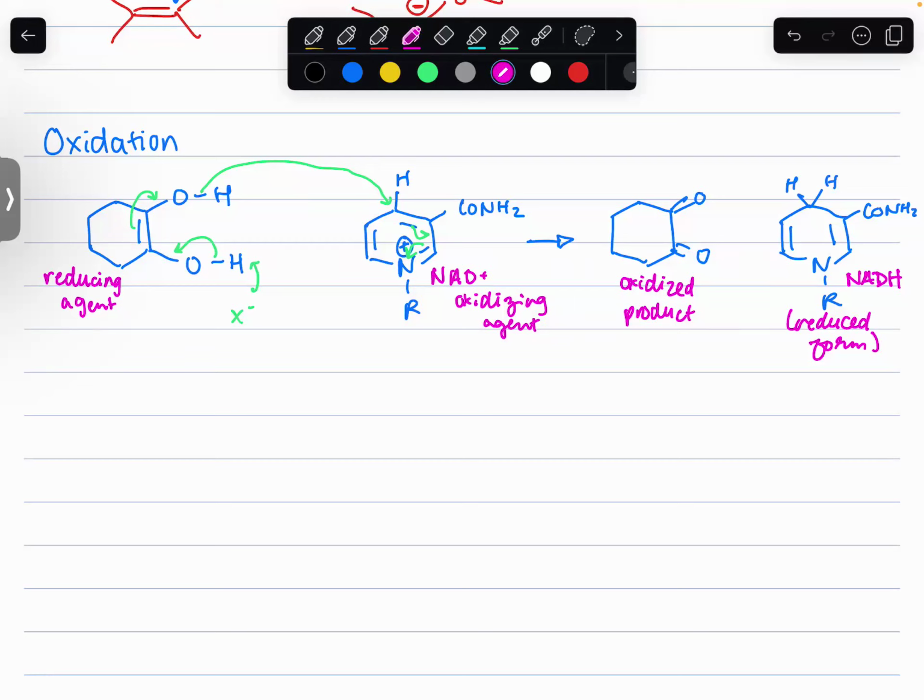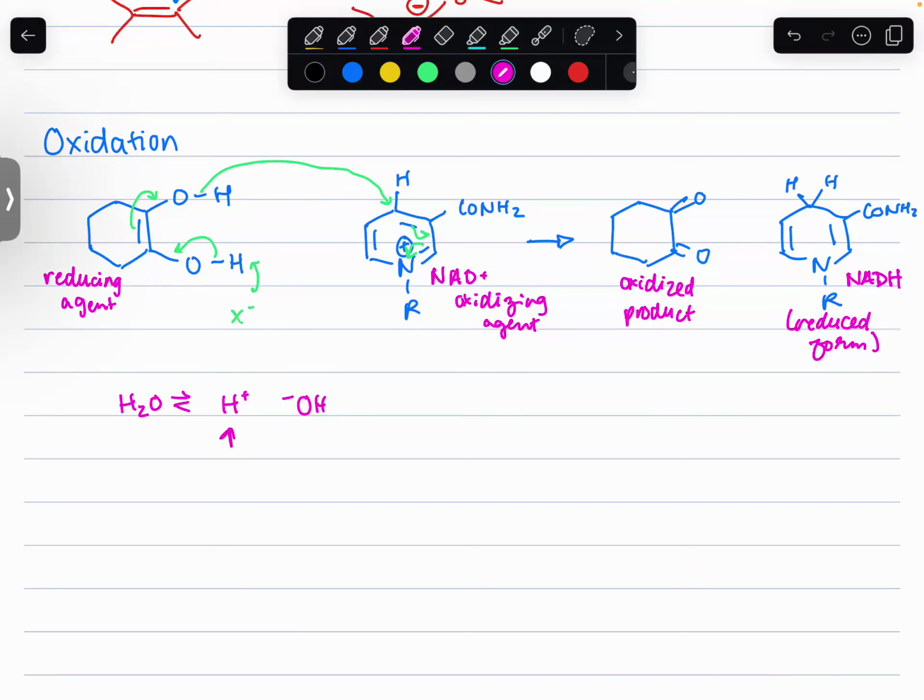Could OH minus reduce NAD plus? No, because water breaks down into a proton and OH minus. In order to reduce NAD, you need a hydride.